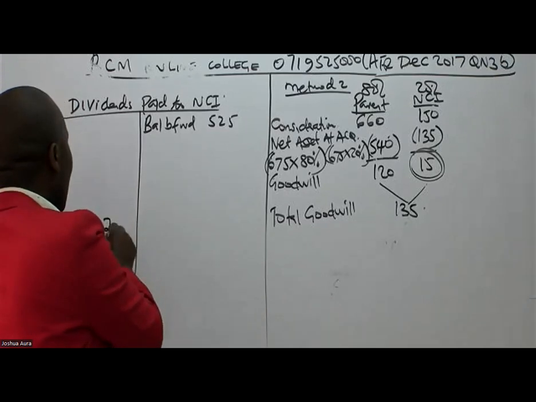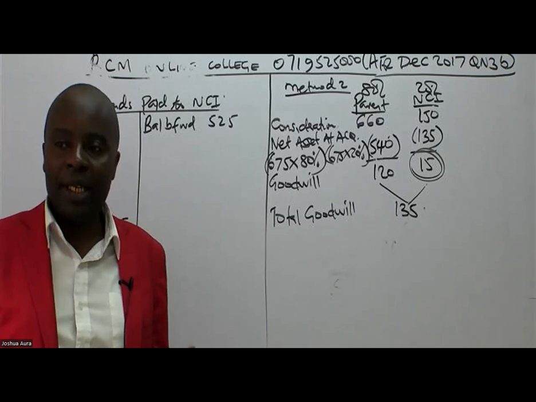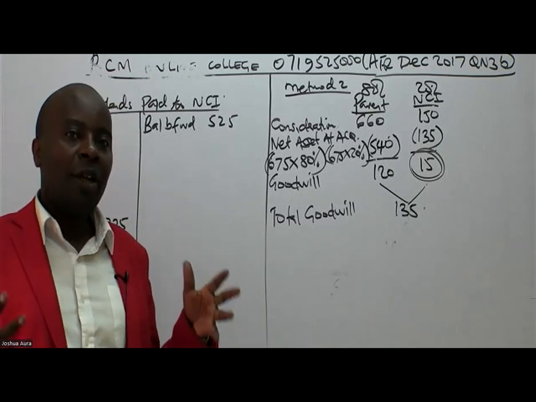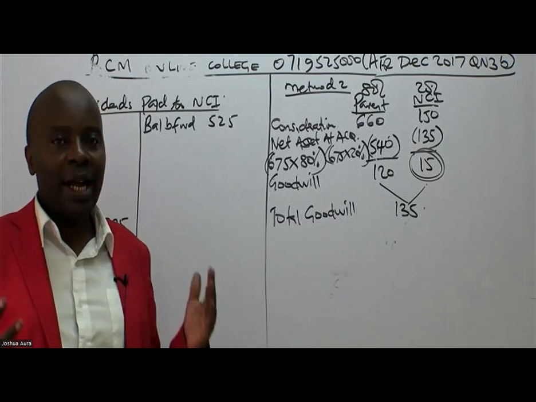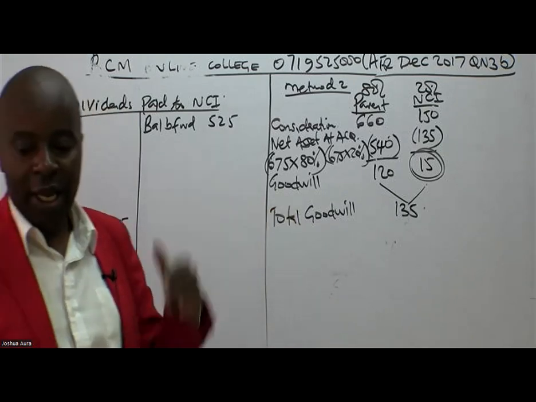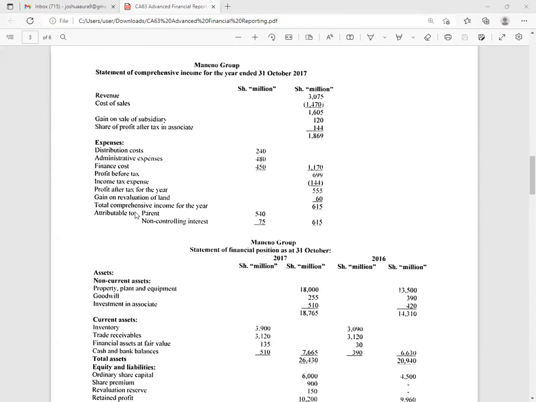So remember, NCIs also share in profitability. During the year, we had some movement in their account, in the form of the share of profit they received. You'll be able to see from the income statement, attributable to parent and attributable to non-controlling interest, that we gave them 75.